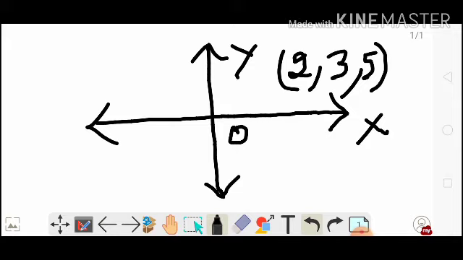Now, all the frames of reference fall under two more categories, that is inertial frame of reference and non-inertial frame of reference. Sometimes we describe or choose a frame of reference with respect to another frame of reference.